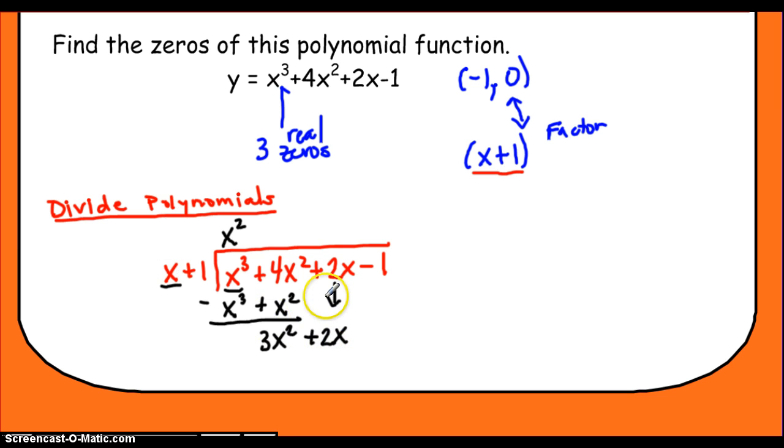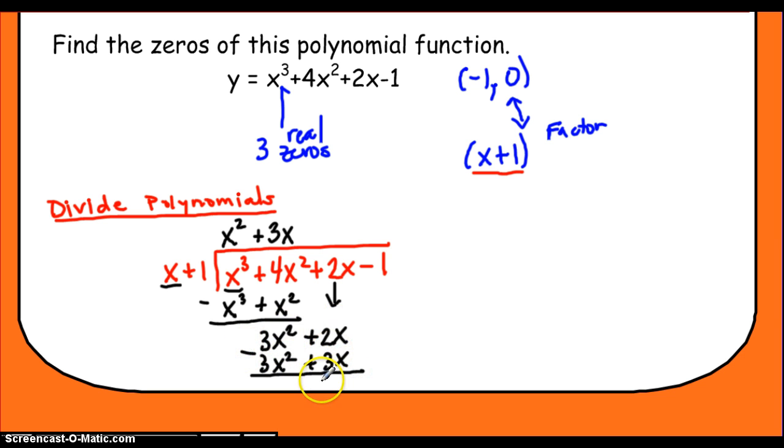And then you went back to the original and you said, okay, what can I multiply x by to get to 3x squared? Well, I would have to multiply by a 3, and I'd have to multiply by an x, because 3x times x is 3x squared. 3x times 1 is 3x. Then you would subtract.